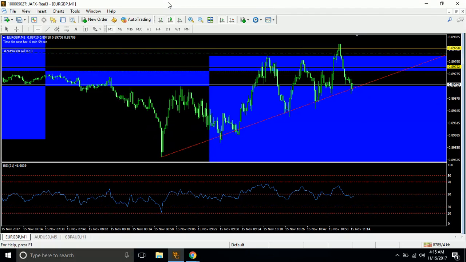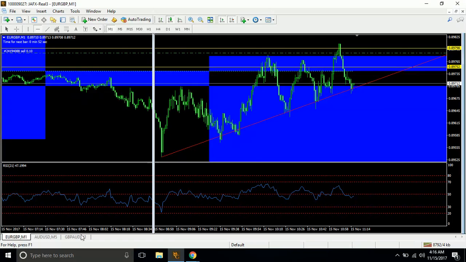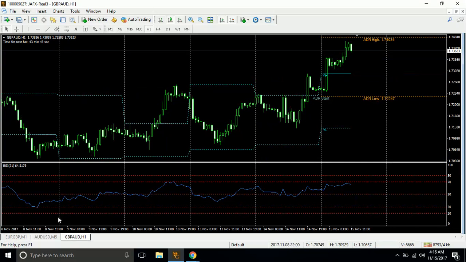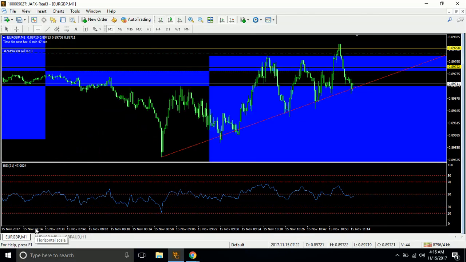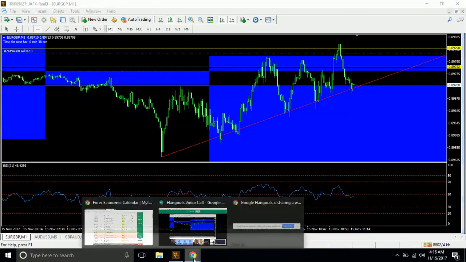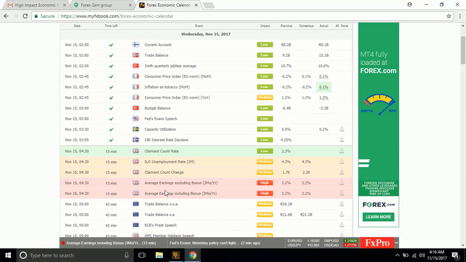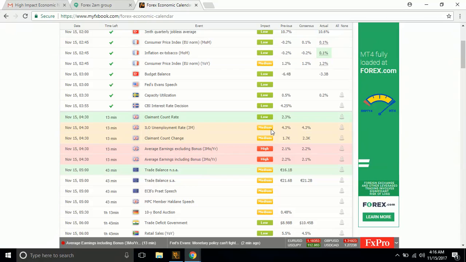Okay, now the pound, we still have that news coming out in about 15 minutes now. Well, 13 minutes to be exact. Now the impact is clearly substantial.